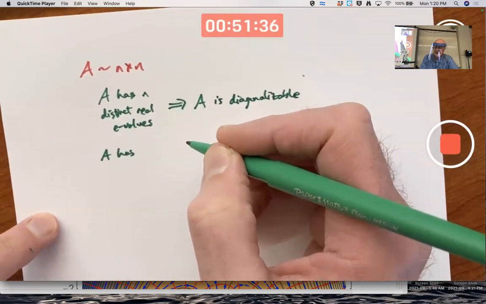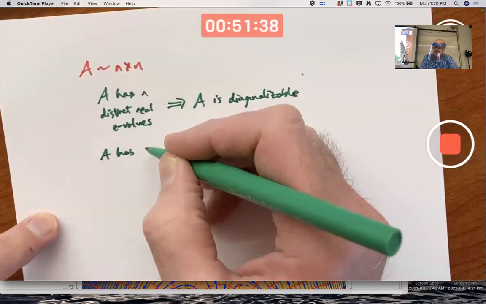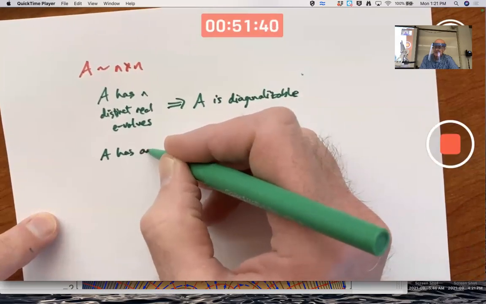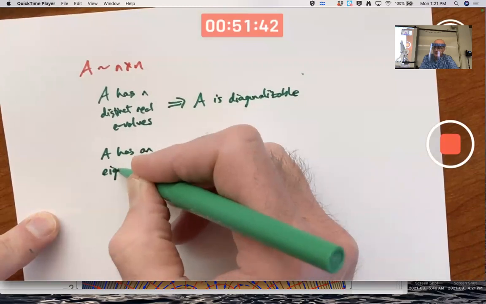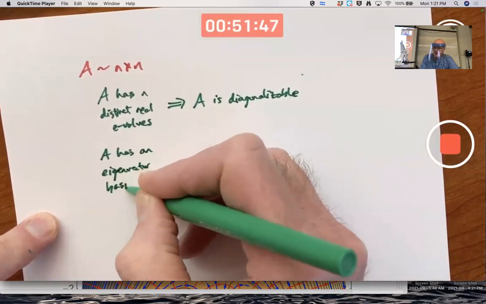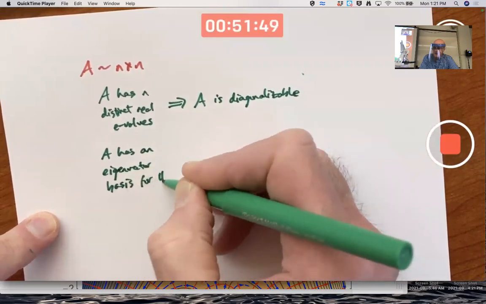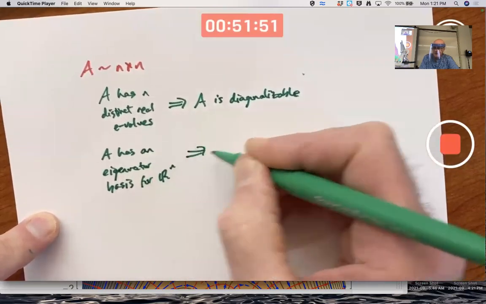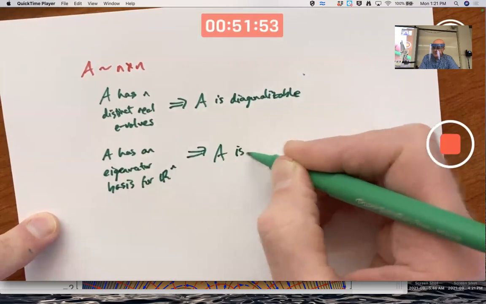Quick way to say that is A has an eigenvector basis for Rn. That's also enough to say A is diagonalizable.